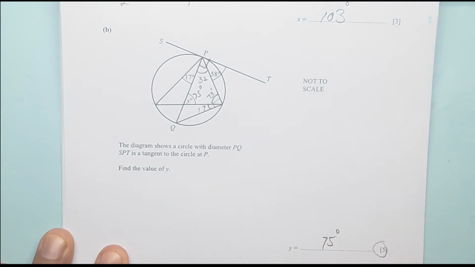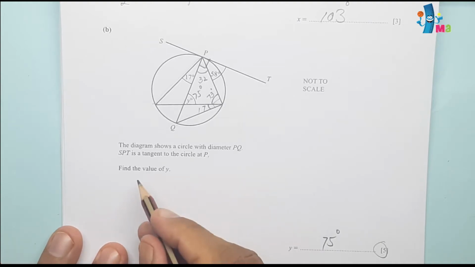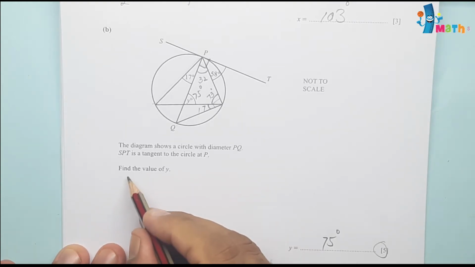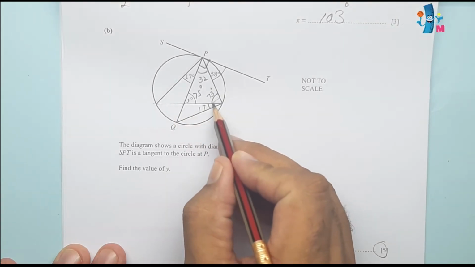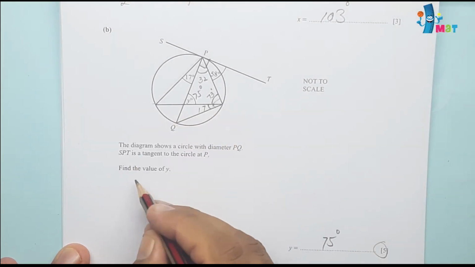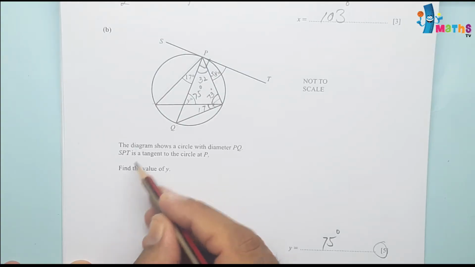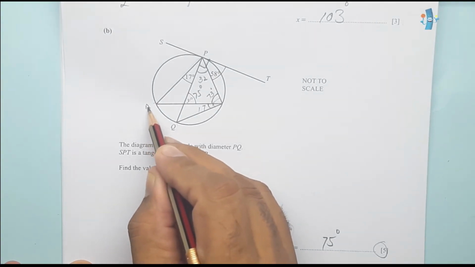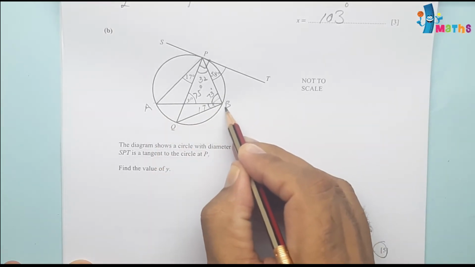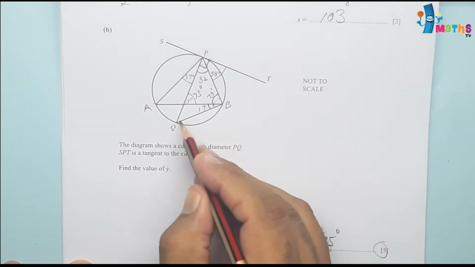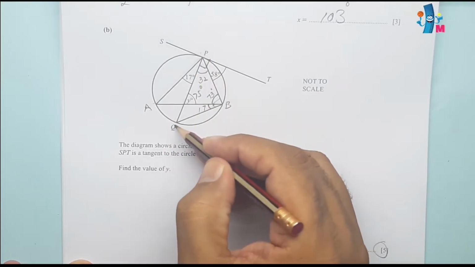But this is a 5 marks question, so we'll have to write some working also. So first we can write, we can take this point as A, and this one as B. So ABQ will be equal to APQ.